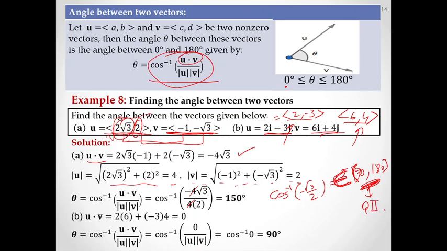Regardless of the minus sign, which angle makes square root 3 over 2? As an acute angle, it will be 30 degrees. So you look for an angle in quadrant 2 with reference angle 30, and our angle will be 150 degrees.